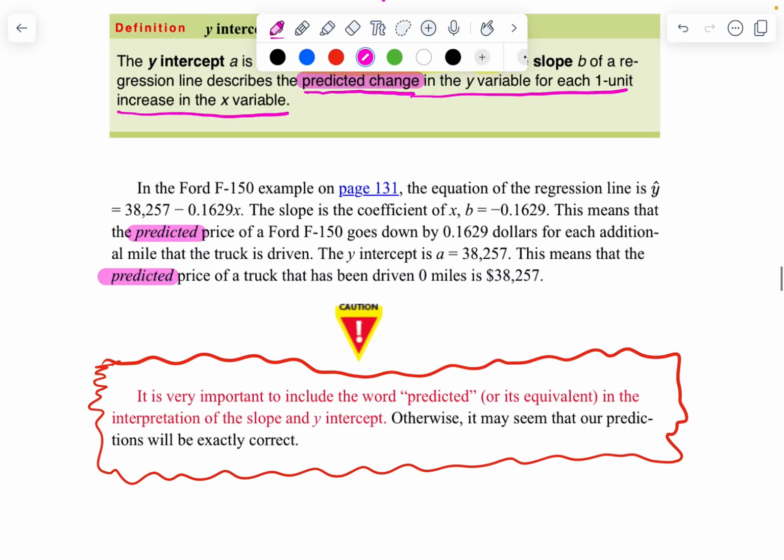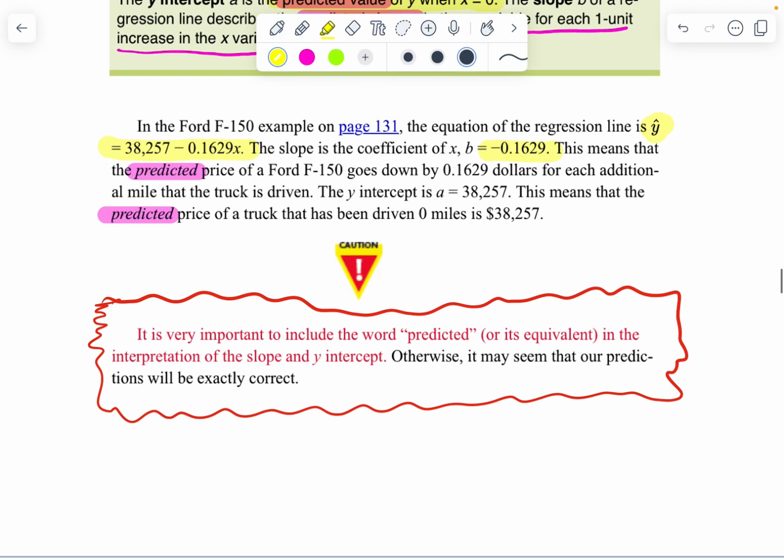So let's go back to the Ford F-150 example, where y hat equaled 38,257 minus 0.1629x. Now, the slope, which is this negative 0.1629 value, is the change in y, which in this case was the change in the price, over the change in miles driven.